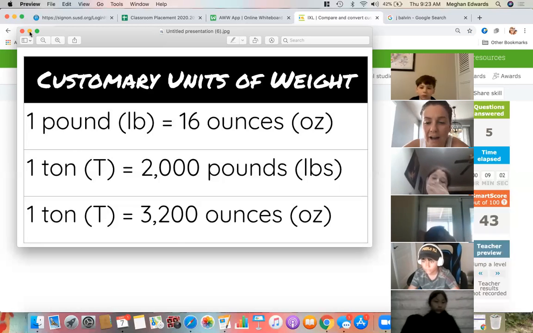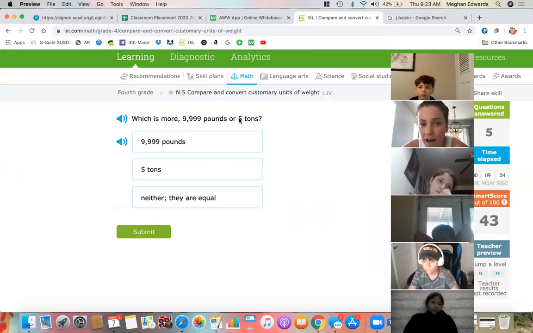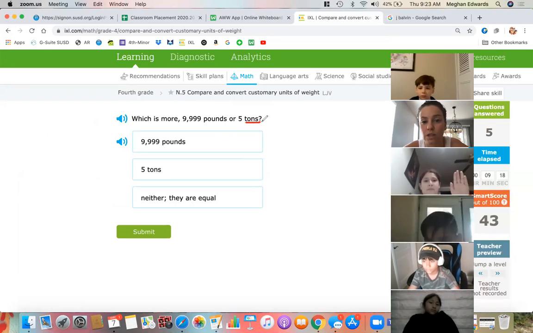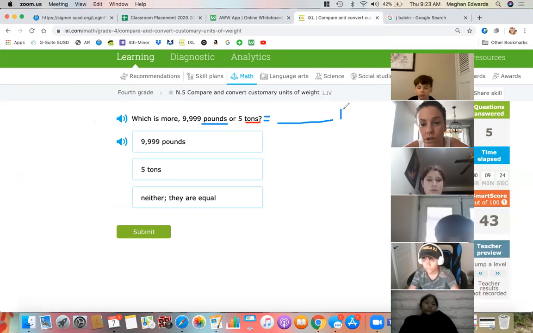So if we have 5 tons, how many pounds is that? We want to change those tons into pounds. So if we have 5 tons, how many pounds is that equal to?